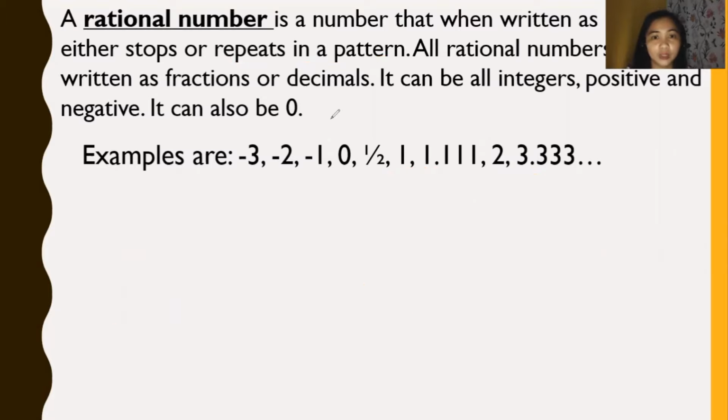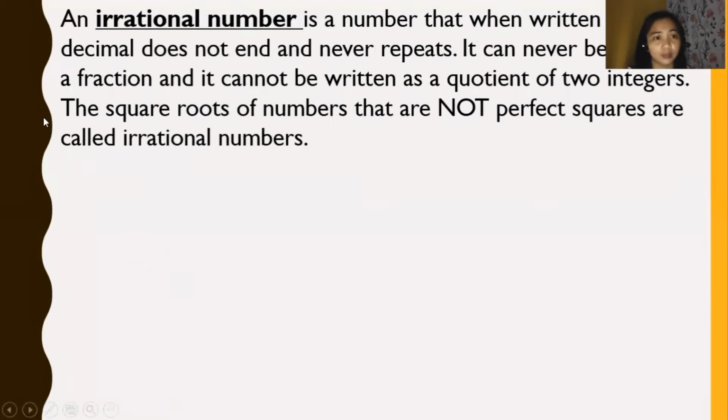Now let's proceed to the next slide, which is irrational numbers. So when we say irrational number, it is a number that when written as a decimal does not end and never repeats. It can never be written as a fraction, and it cannot be written as a quotient of two integers.